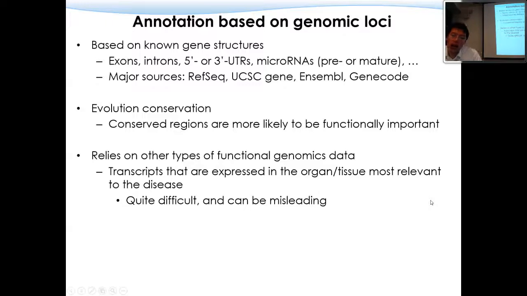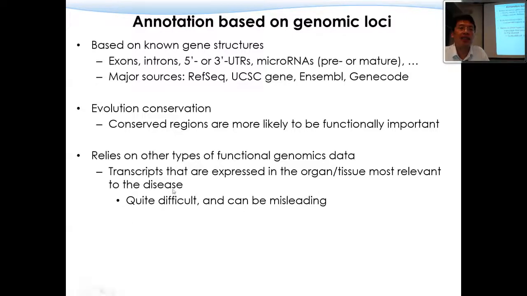And in terms of functional annotation, we also need to rely on other types of functional genomics data. For example, whether transcripts are expressed in the organ or tissue that is most relevant to the disease. For example, if you want to study breast cancer, then this gene needs to be expressed in breast.